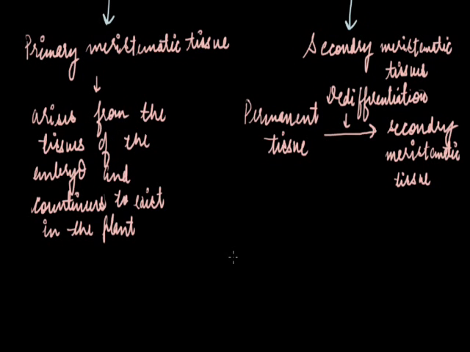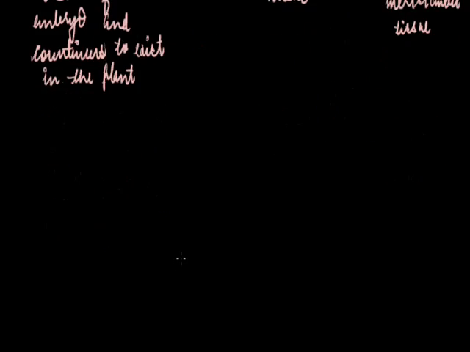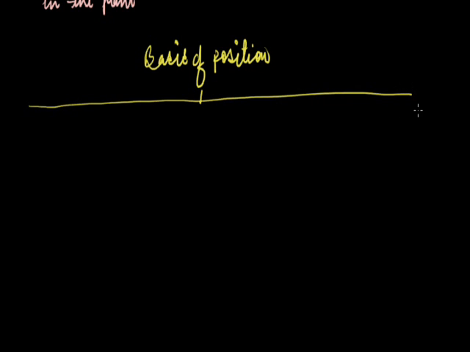So we have discussed the primary meristematic tissues and secondary meristematic tissues. Now we move on to the classification on the basis of position of the tissue. On the basis of position in the plant, meristematic tissues are again divided into three types.